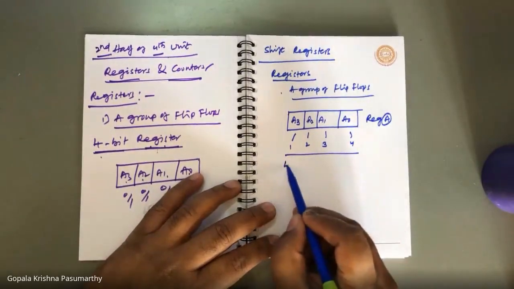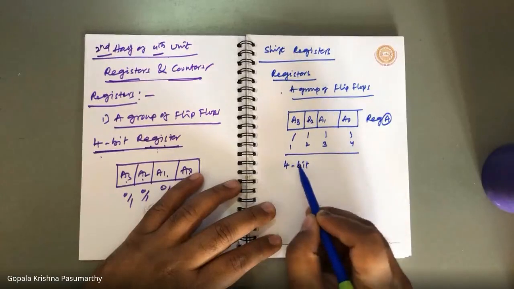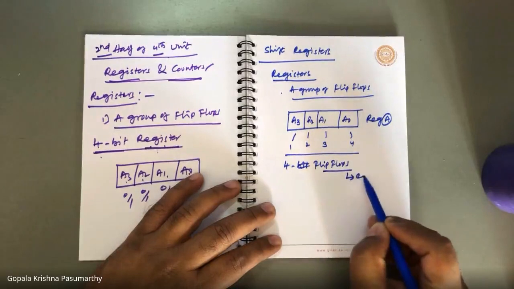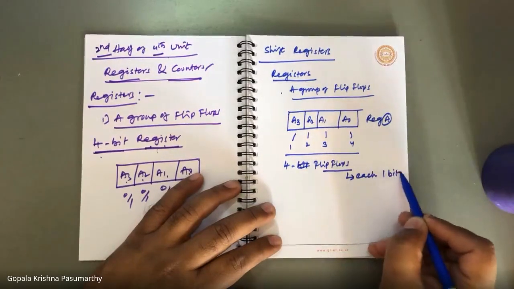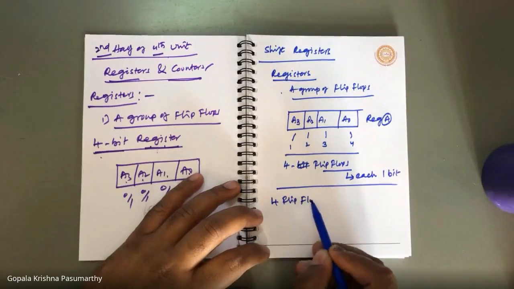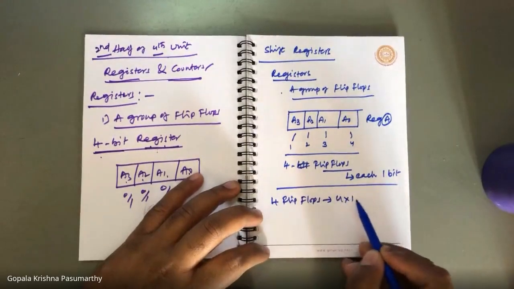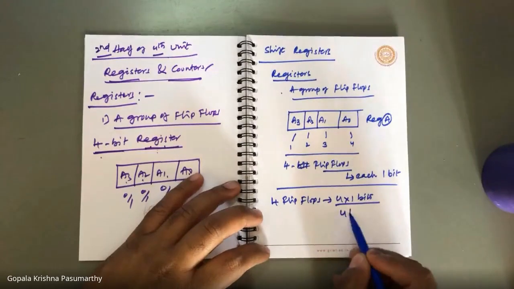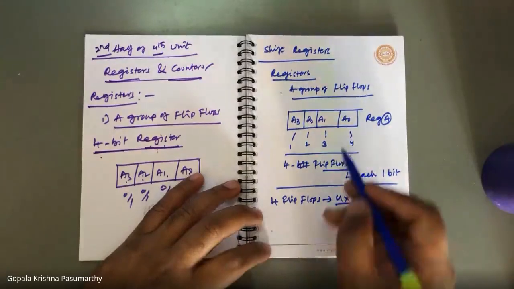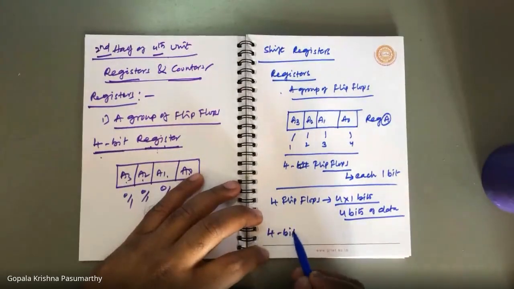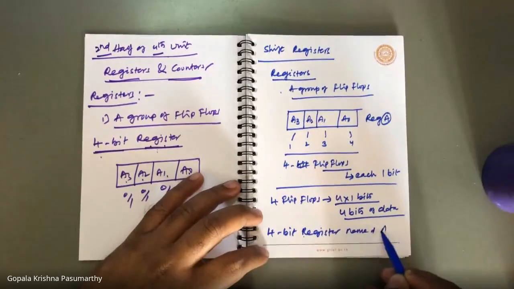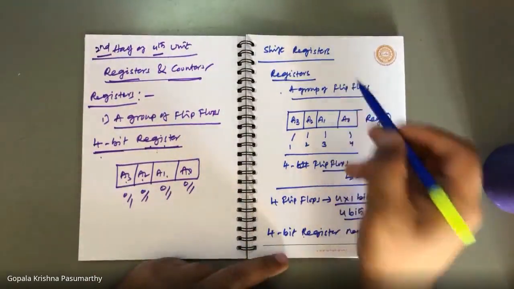Since this register contains 4 flip flops, and we know each flip flop can contain 1 bit, all 4 flip flops together can hold 4 bits of information, or 4 bits of data. So we call this register a 4-bit register named A.